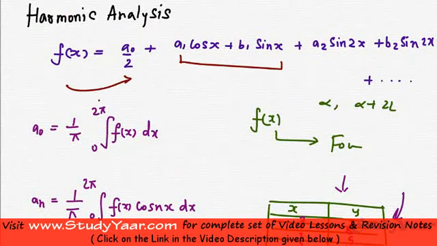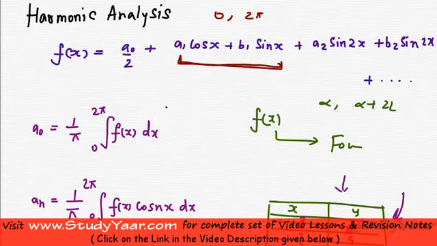This is your f(x) as a sum of Fourier series in an interval 0 to 2 pi. Over here, this term, which is a1 cos x plus b1 sin x, is known as your fundamental or your first harmonic.